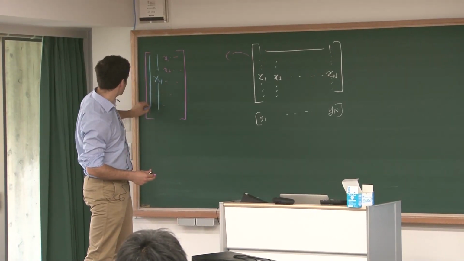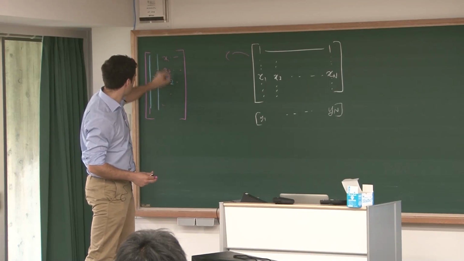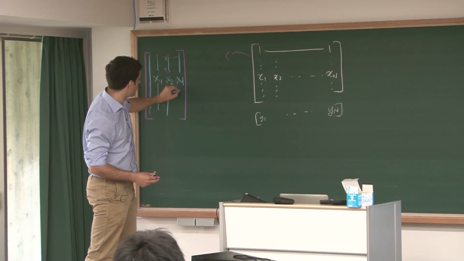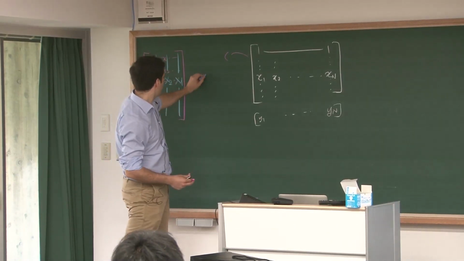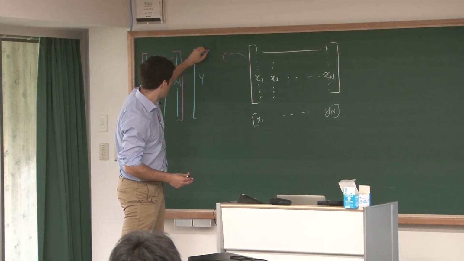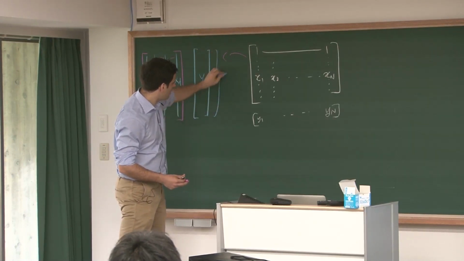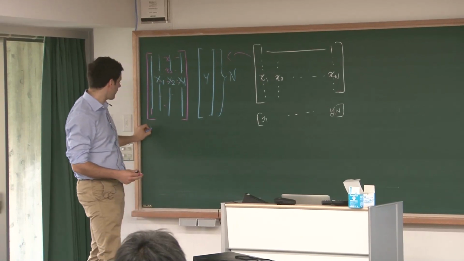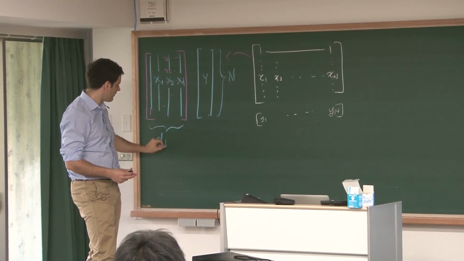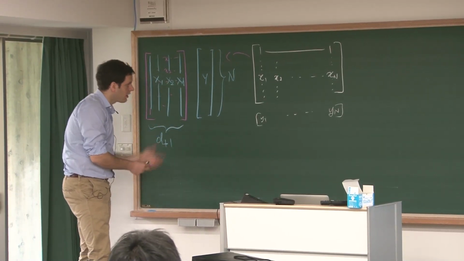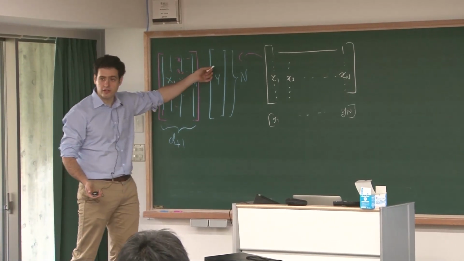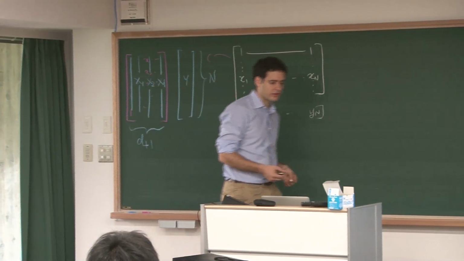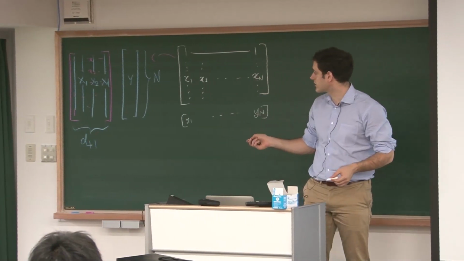So the first column is the column of ones, and then x2, etc., until xd, because we have d variables. And then what we try to reconstruct is this vector y, which has n observations. So we have d plus 1 column vectors and one vector, and we try to reconstruct this vector using the others.